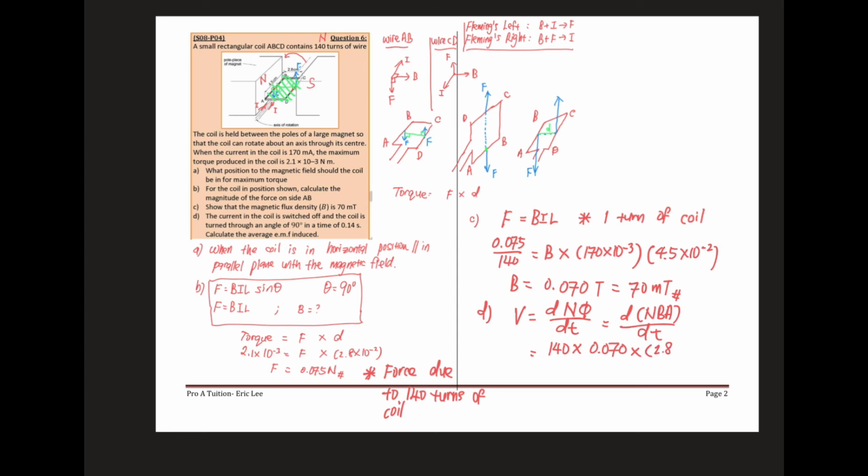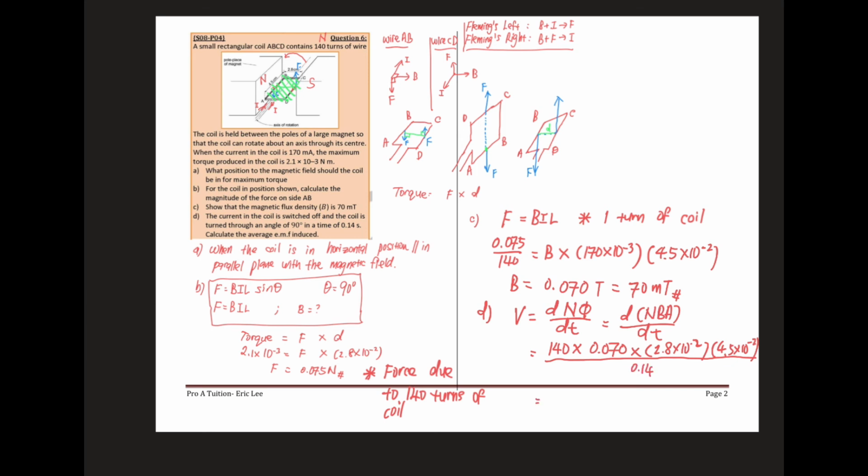So 2.8 times 10 minus 2, 4.5 times 10 minus 2, over time. The time is 0.14.